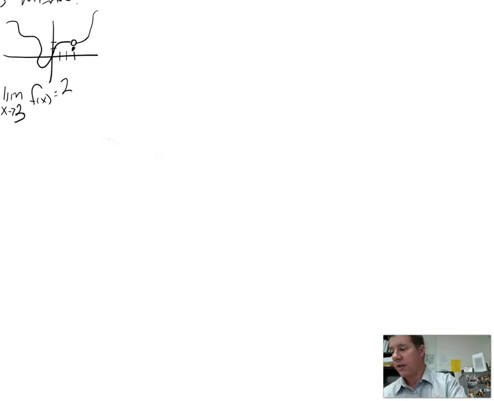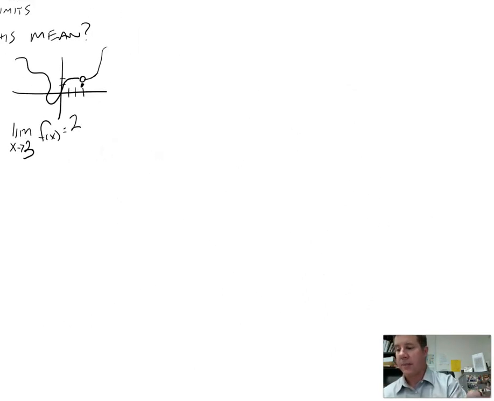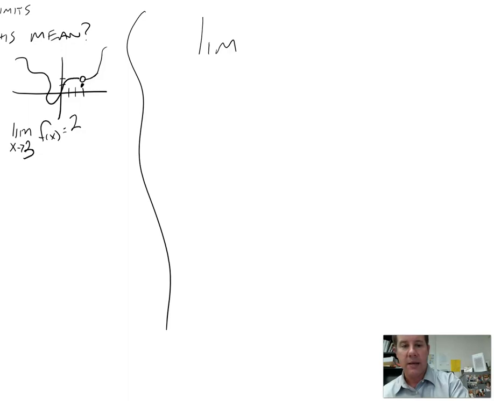I'm going to do one more quick little example. I'm going to give you a second to try to do this. I'm going to tell you to pause the video in a second. But here's another quick one. The limit as x approaches -1 from the right of g of x is 1.